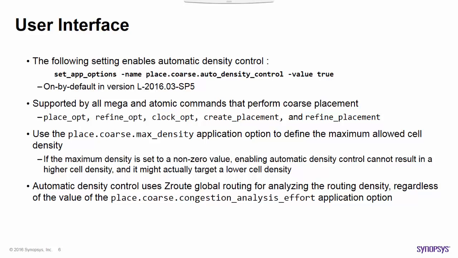Please note, you can also use manual cell density setting with this auto density control. In this case, auto density control does not set a higher value than the user-set cell density. Also, please note that for this auto density control feature, the tool always uses zroute for global route.